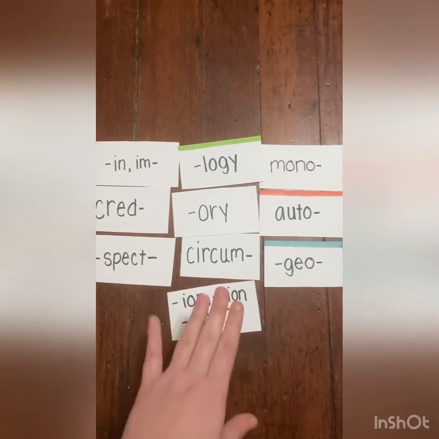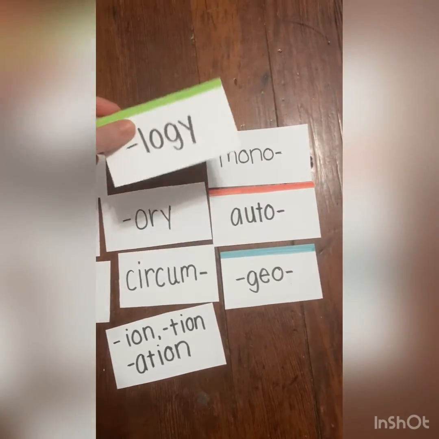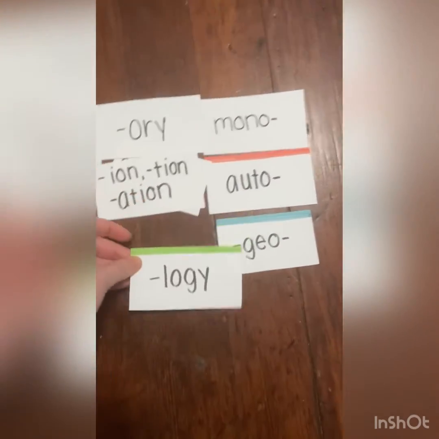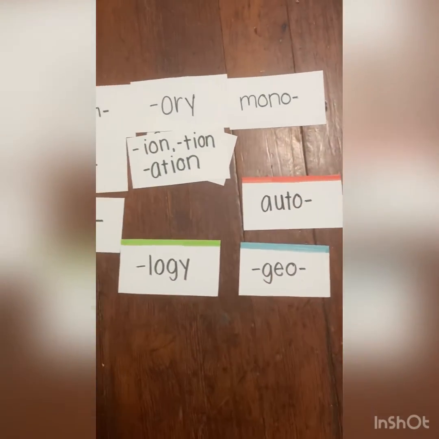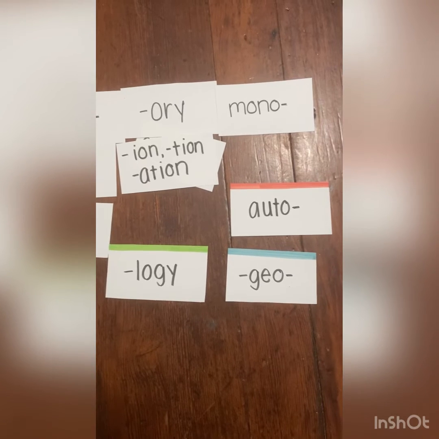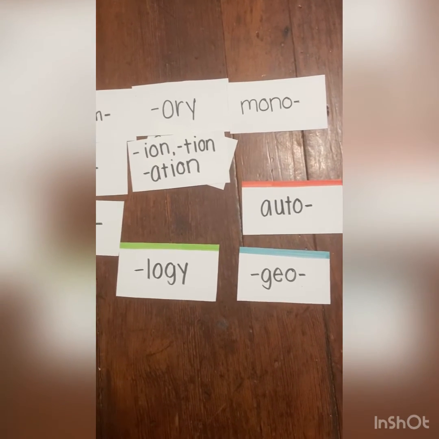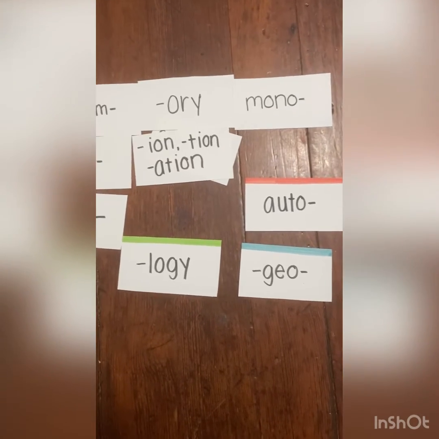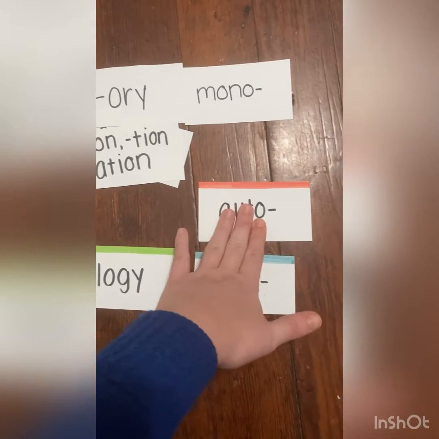Now, one way that this can be modified is, if you'll see here, you can see that this one and this one and this one are all color-coded. So you can color code the suffixes and the prefixes and the root words and the base words by color. That way, students know that green means suffix, the orange means prefix, and so on.